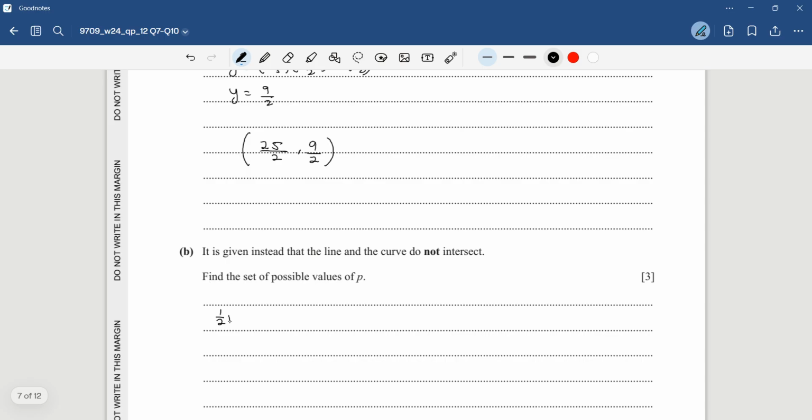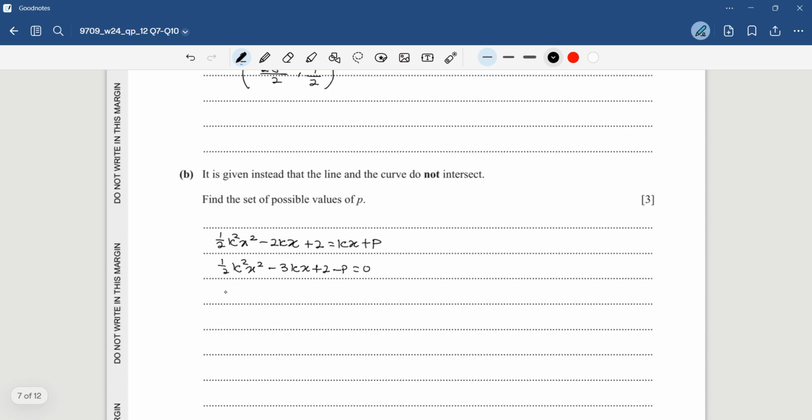So 1 over 2 k square x square minus 2kx plus 2 equal to kx plus p. Okay, rearrange. So 1 over 2 k square x square minus 3kx plus 2 minus p equal to 0. So we use the discriminant b square minus 4ac less than 0.